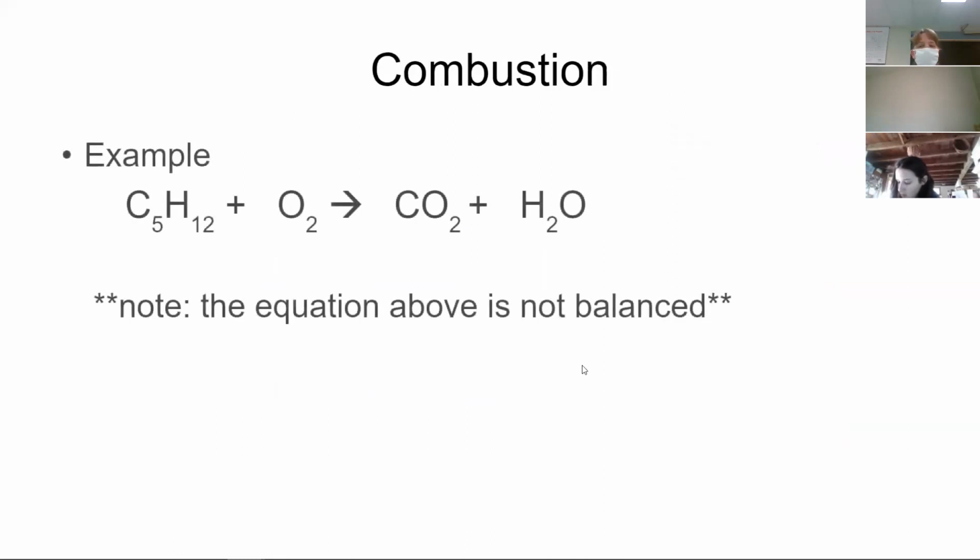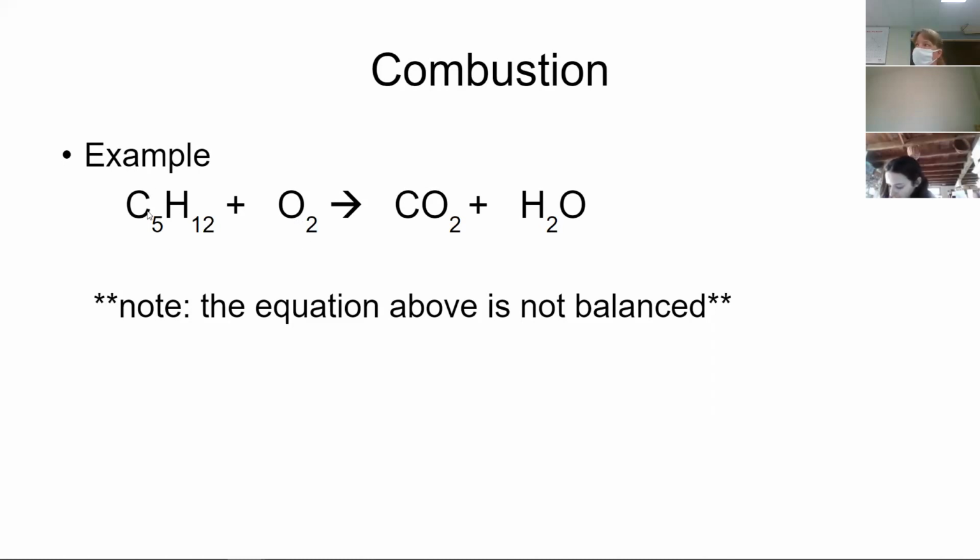So when I see a chemical reaction, in order to identify it as combustion, I start by looking to the right side of the arrow. If my products are CO2 and water, it is probably combustion. How do I know for sure? I go to the reactant side. If I see oxygen gas, then I'm pretty sure.